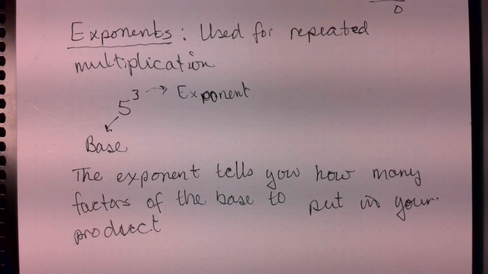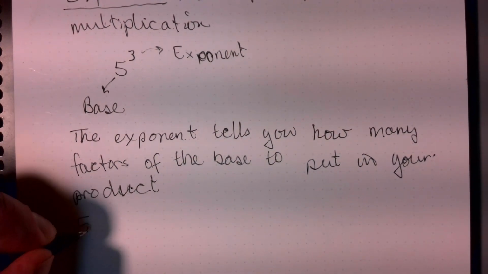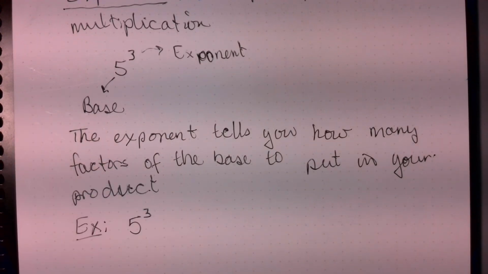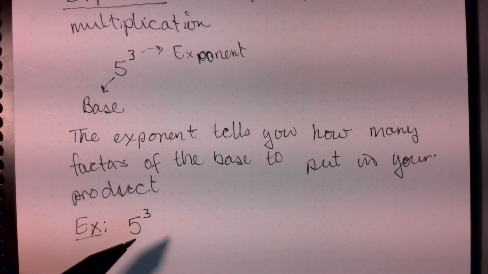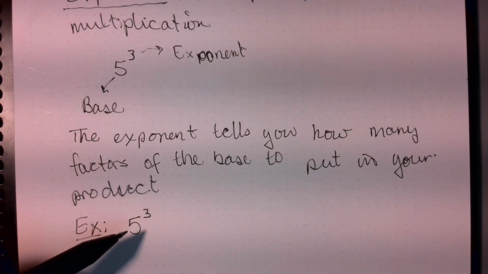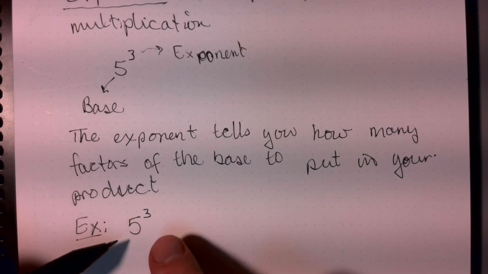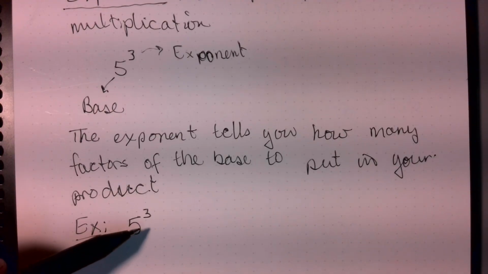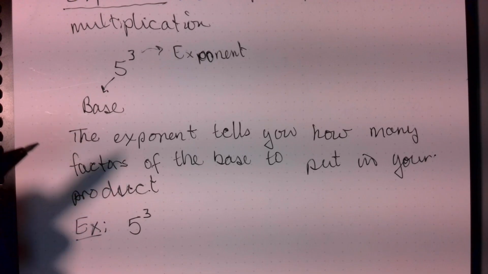So that expression I wrote down a second ago, 5 to the third power, 5 power 3. Now remember, when you're doing exponents, you've got to be conscientious about the positioning. An exponent should be written slightly smaller than the base, and it should be up off the baseline. Okay?